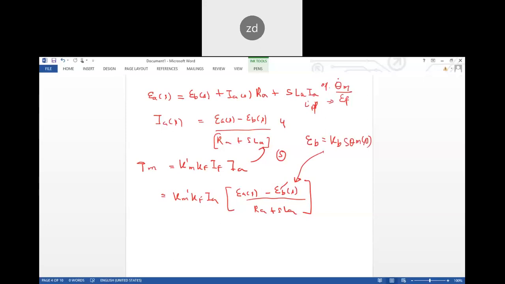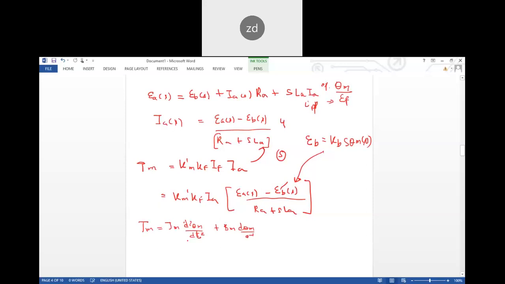Prior to writing these equations, I had the common equation which was previously also written for the motor, that is Jm d square theta m by dt square plus Bm d theta m by dt.